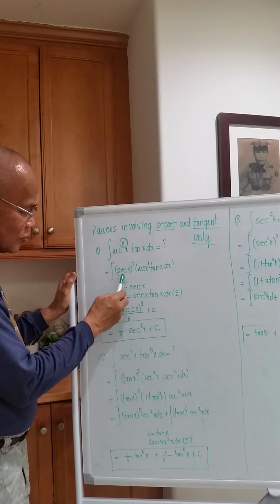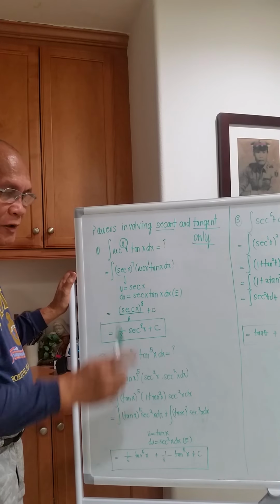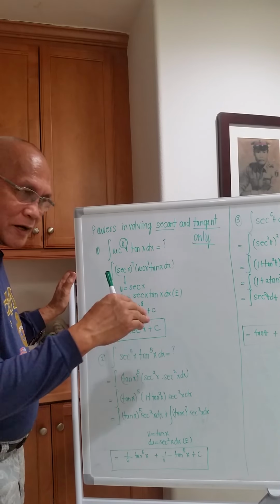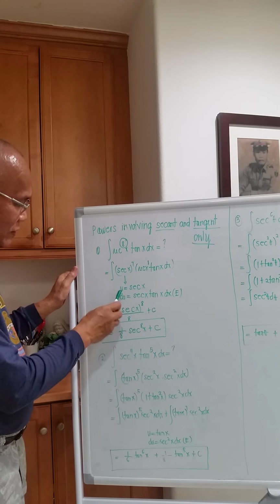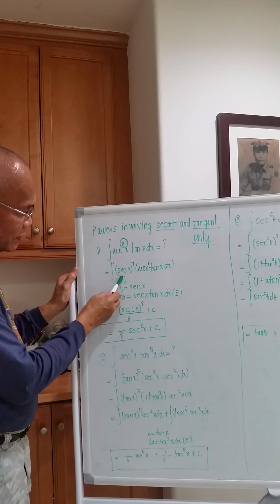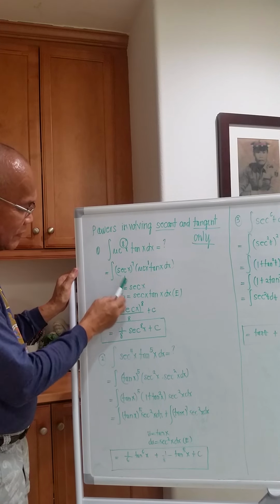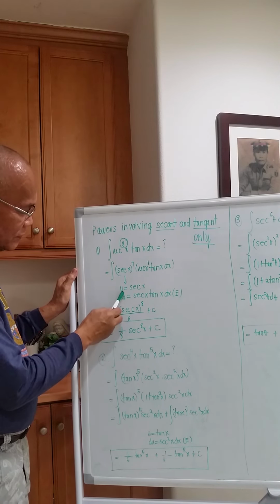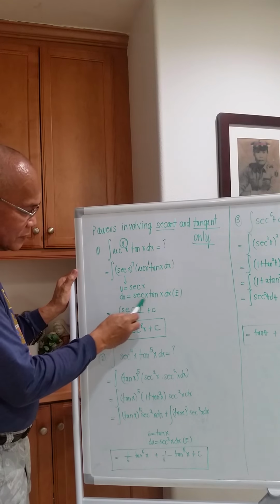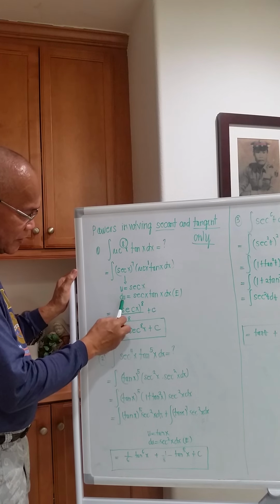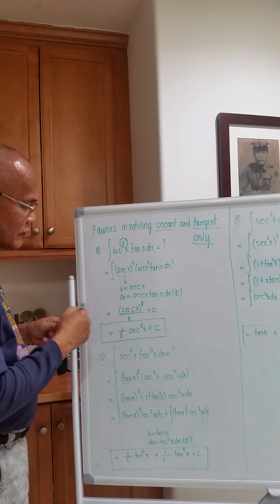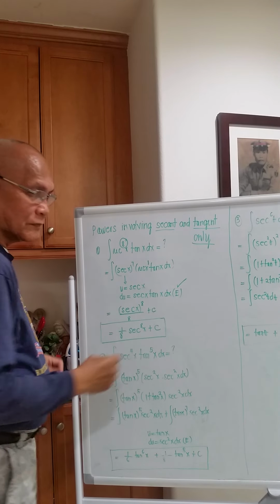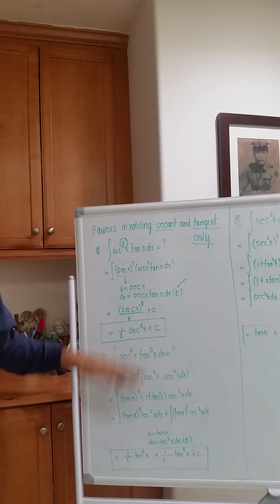So the solution is under the power formula, where the value of u is secant of x, the one inside. Taking the differential du, the differential of secant is secant tangent times dx, meaning du is secant of x tangent of x dx, and this is exact, right?